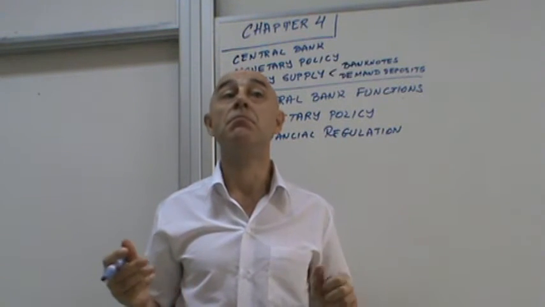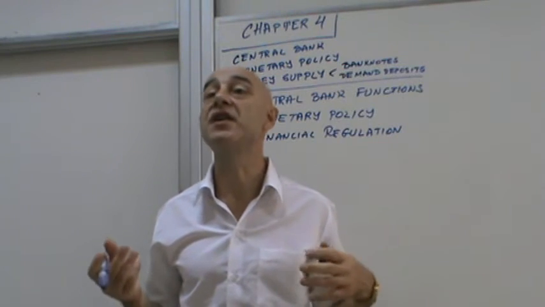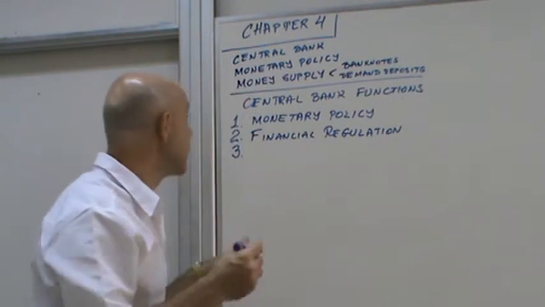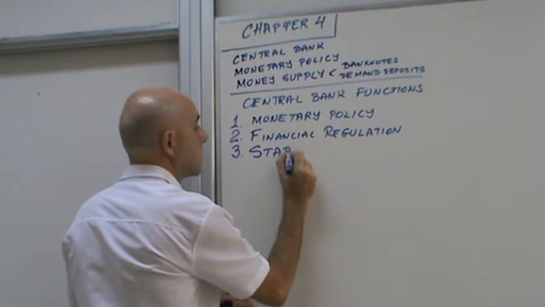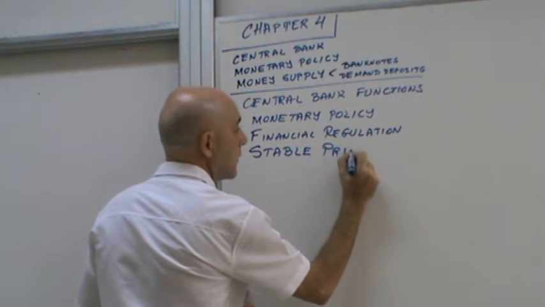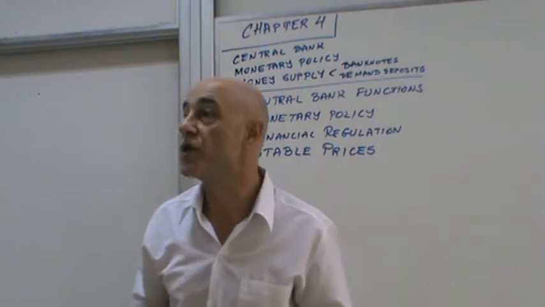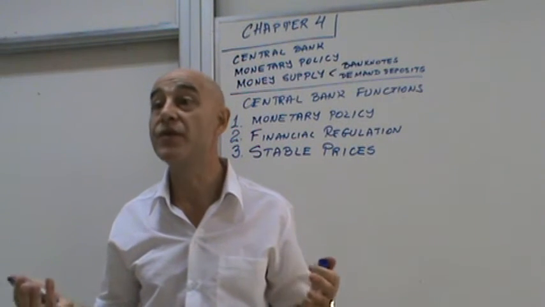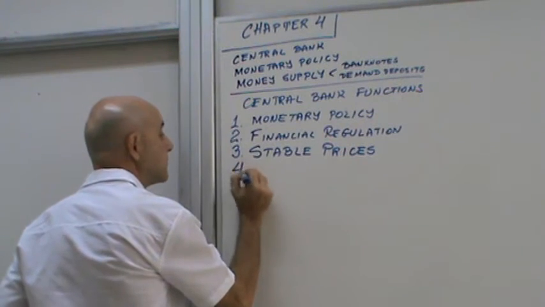For most central banks around the world, the third main function is stable prices. This is usually called low inflation. Number 4.